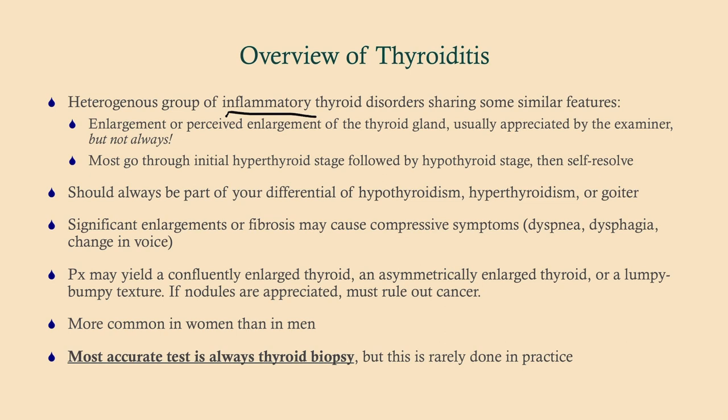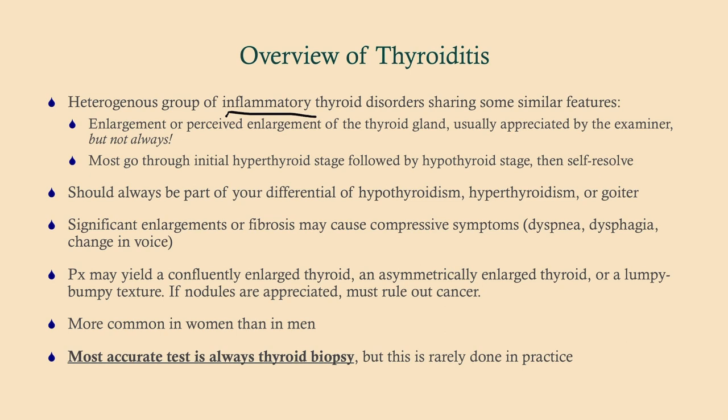So if you do have a patient with a goiter, you always have to consider thyroiditis, but you can have a patient with thyroiditis who does not have a goiter. With thyroiditis, because there is some degree of destruction of the thyroid gland, there's going to be some thyroid hormone that gets poured out initially, and that's going to cause a hyperthyroid stage.